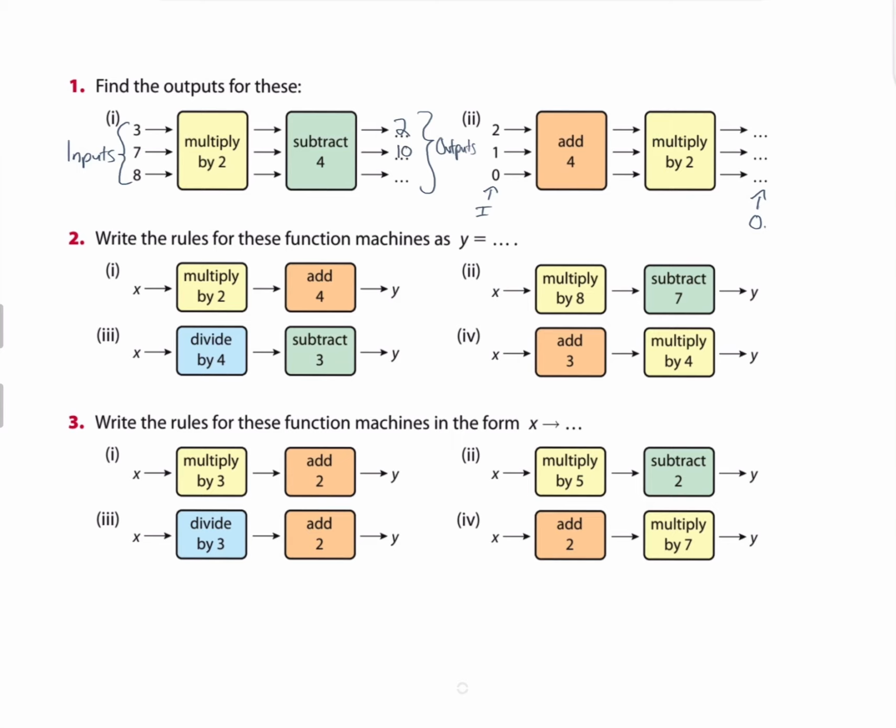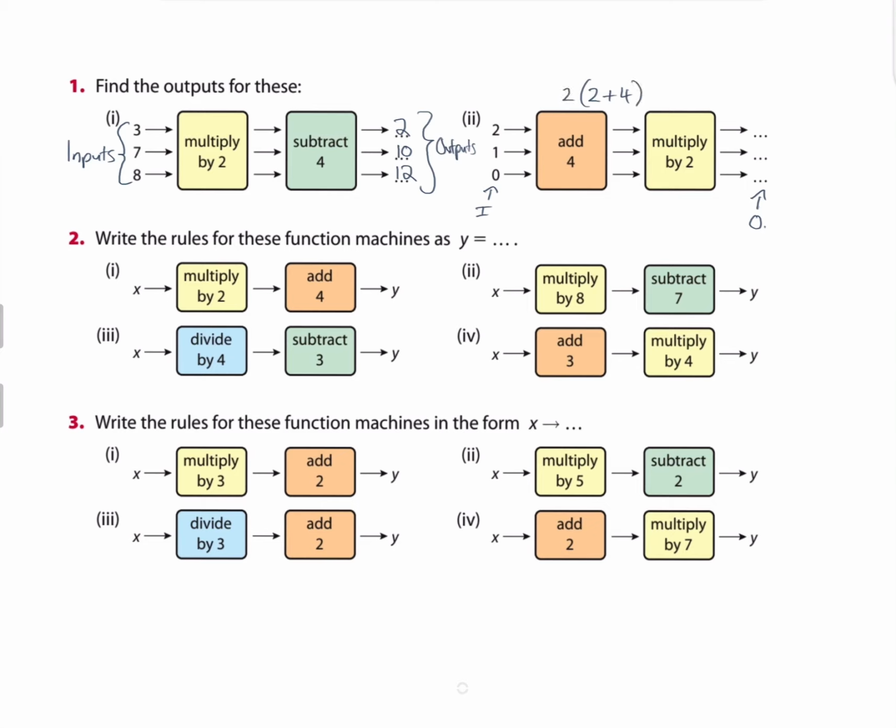Okay, another one here. 8 multiplied by 2 is 16. Subtract 4 is 12. And then over here on the right hand side, 2 add 4 multiply by 2. So let's write that up here. 2 plus 4 multiplied by 2.